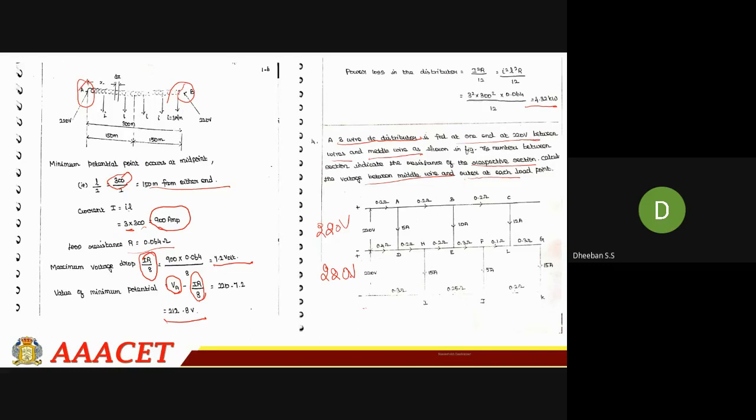Moving on, you have to apply KCL and determine the current flowing through each section. Here is one node, here is one node, here is one node, here is one node.